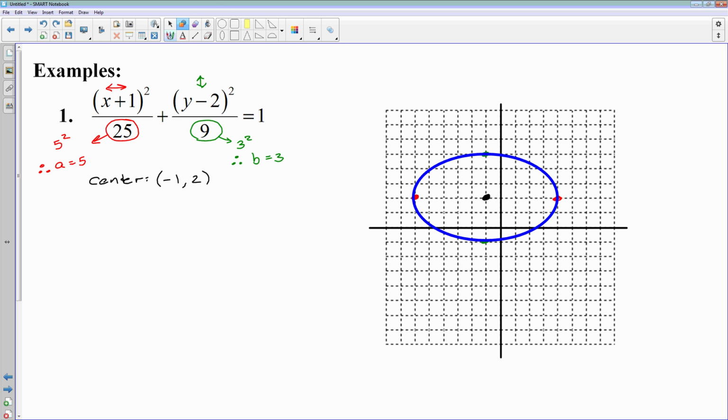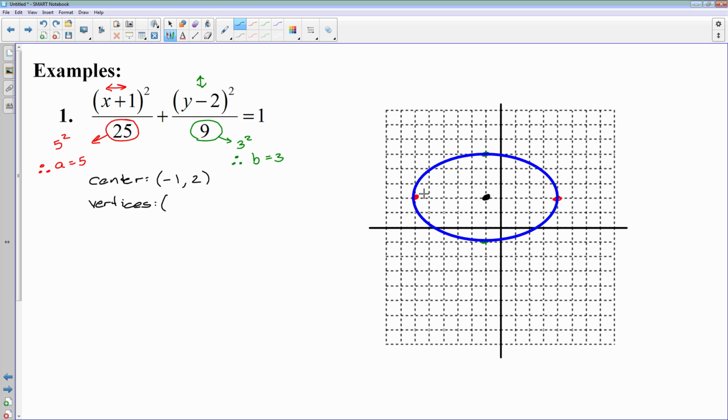It's not too bad. And then once you graph it, I want you to find the vertices, the major axis, the minor axis, the foci, and the eccentricity. So let's start with vertices. I'm going to use the same thought process I used in locating points for my parabola. Let's see, I went left and right 5 units. I started at -1.